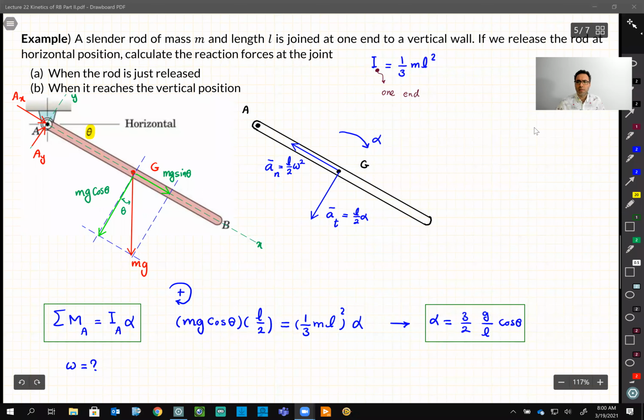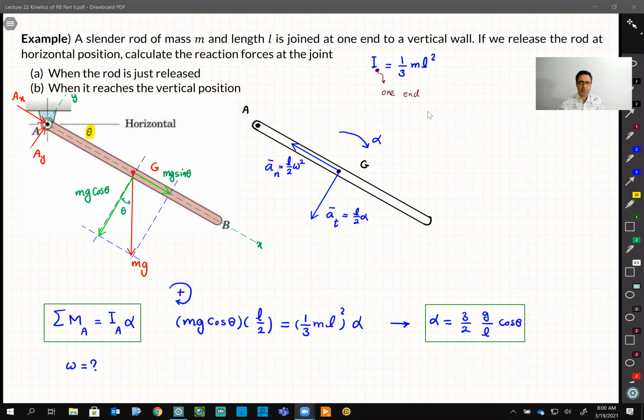There are some questions by a student from the example that we solved in lecture 22. Let me share my screen. All right, this example.